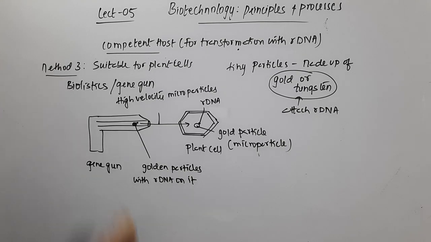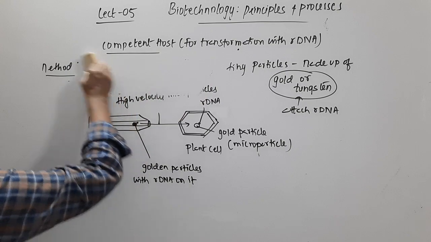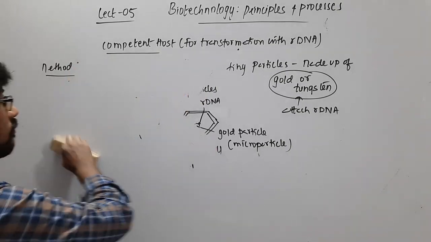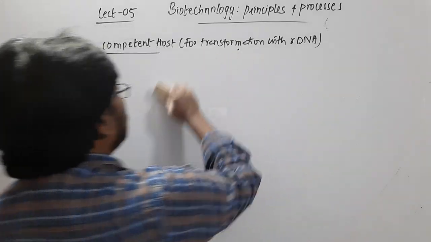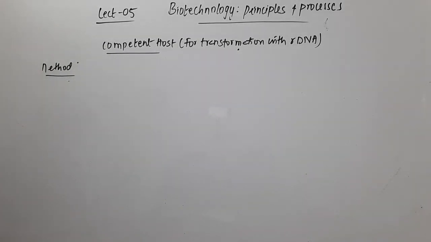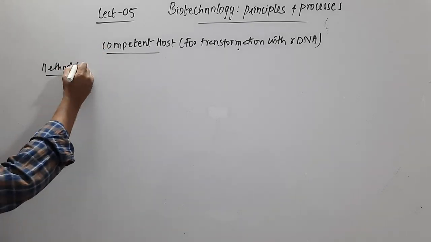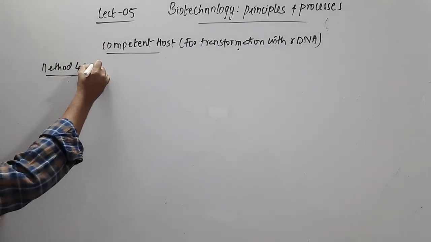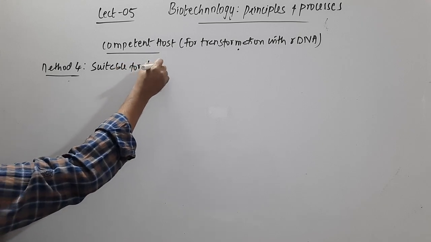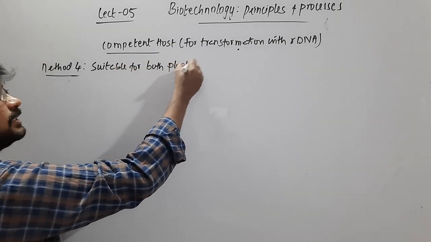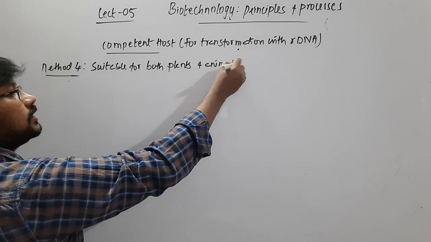The next one, another method, is method 4, of course. It is suitable for both plants and animals.